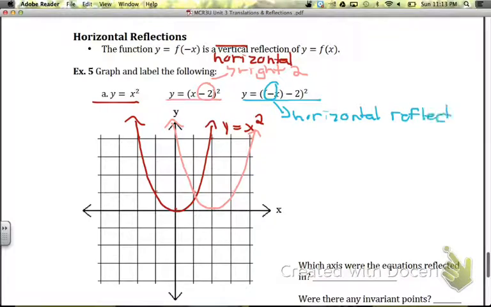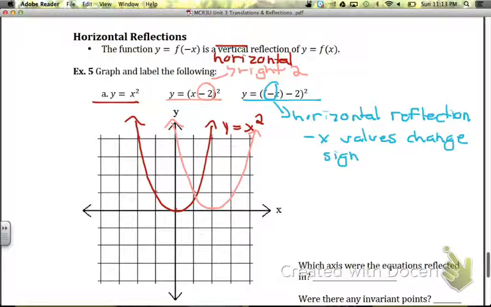Now, unlike a vertical reflection where our y values were the only things changed, here our x values change signs. So if they are positive, they will now become negative, and vice versa.